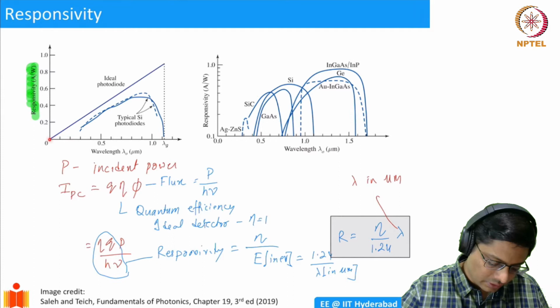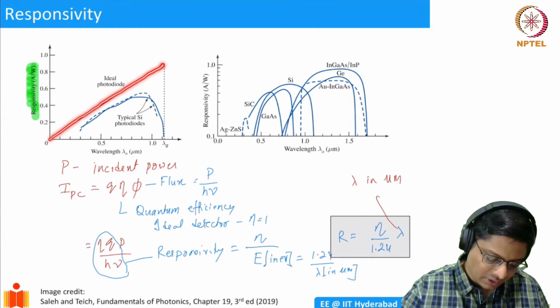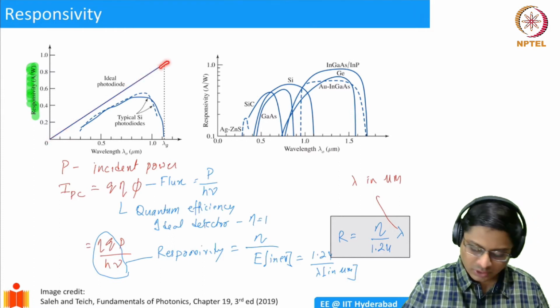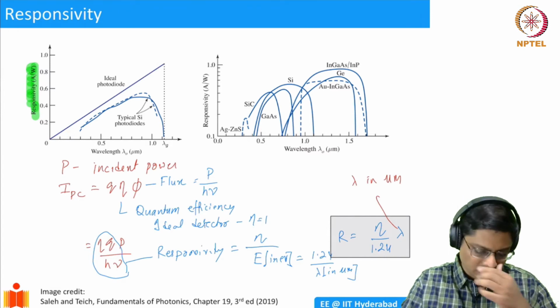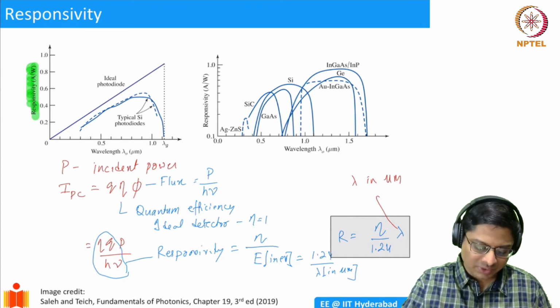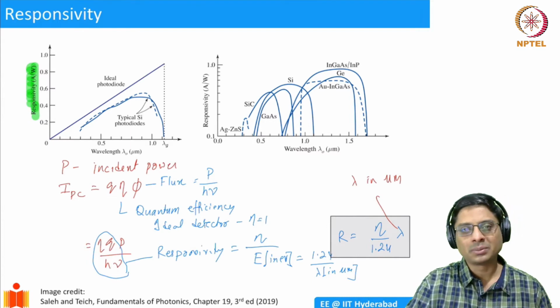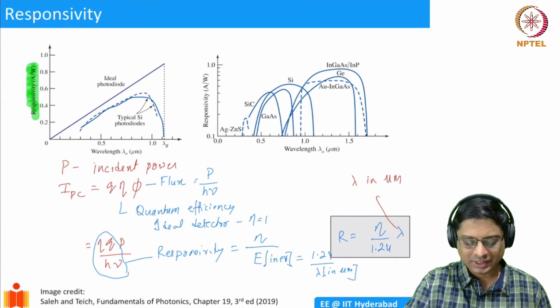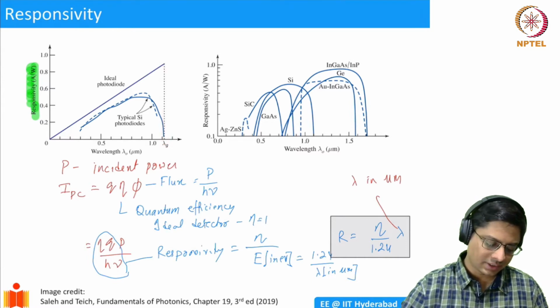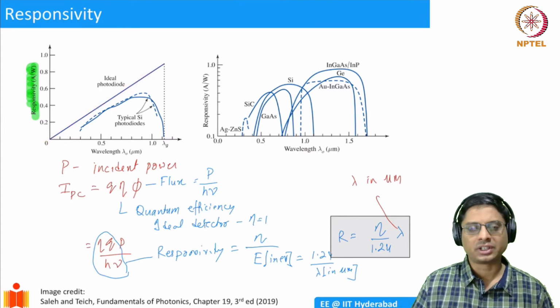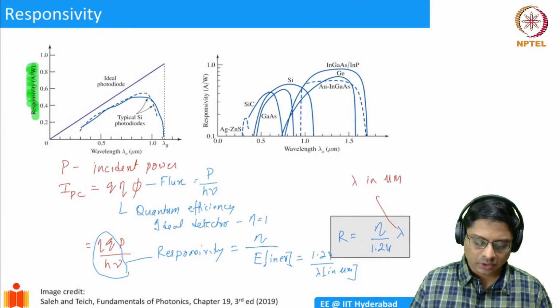So for an ideal photodetector, responsivity should go up to 1 at 1.24 microns. If your lambda is larger, of course, it will show something, but what happens is, if you're above the band gap, you're not going to get any responsivity. That's why it quickly drops here. And then for the lower wavelengths, you're going to have smaller current, that is, smaller responsivity.